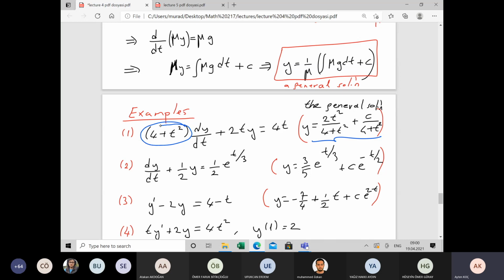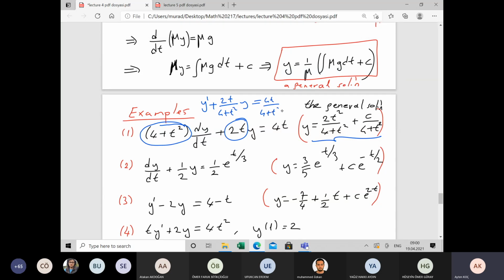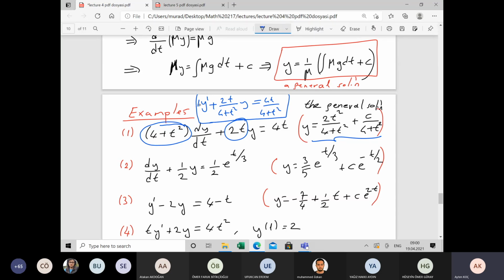So what's the standard form? Divide by 4 plus t squared, so we obtain y prime plus 2t over 4 plus t squared times y equals 4t over 4 plus t squared. Yes, this is the standard form of our equation, because the coefficient of y prime is 1 here.